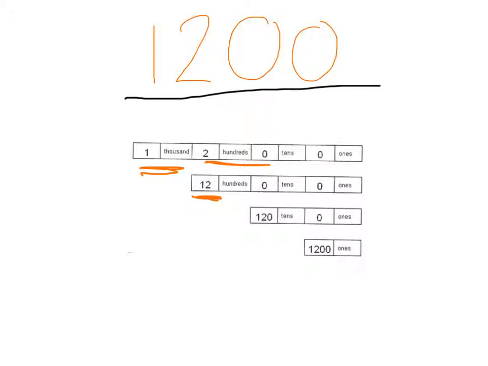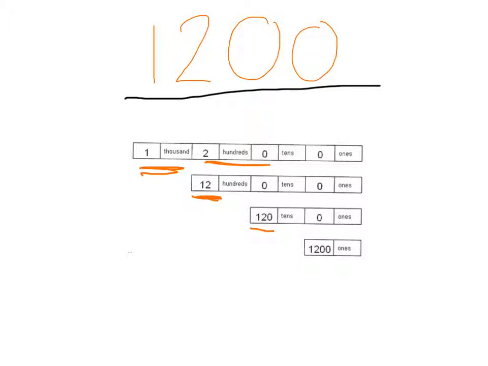And as we move down our expander again, we have the number 120 in the tens column of the expander. So 1,200 is the same as 12 hundreds, and it's also the same as 120 tens. We still have the same value, we are just changing the way we are representing the same number.